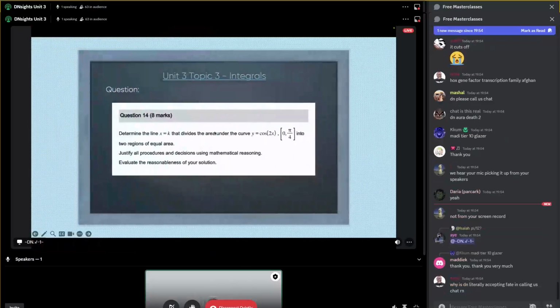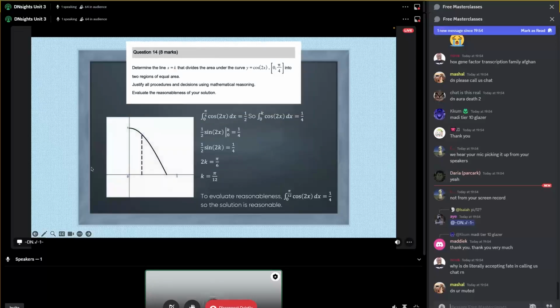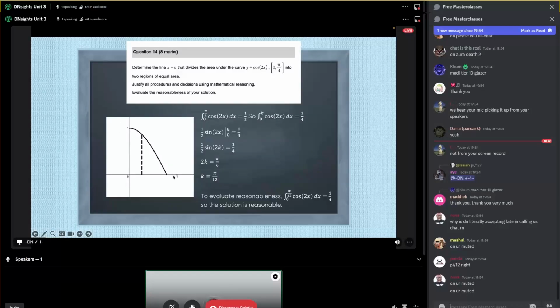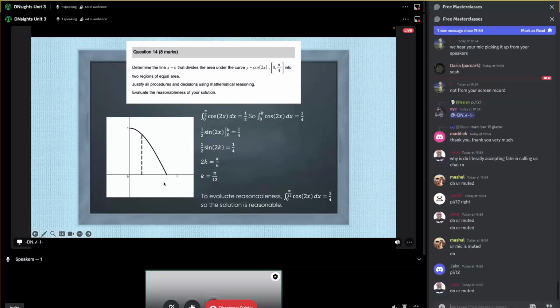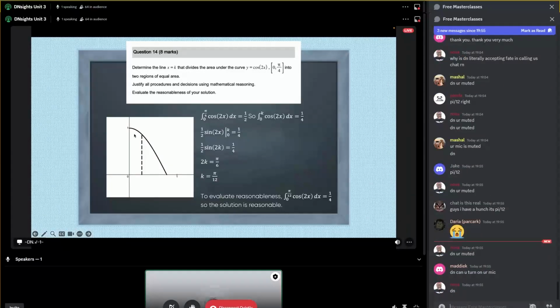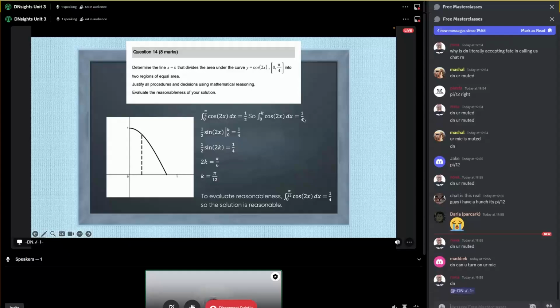Let's have a look. Firstly, we have the area. I've given a beautiful little sketch. So we have cos 2x from 0 to pi on 4. This is an x-intercept. They were nice with the question. Obviously, we want the total area first, which is half, if you do that. So we know the integral between 0 and k is 1 over 4.